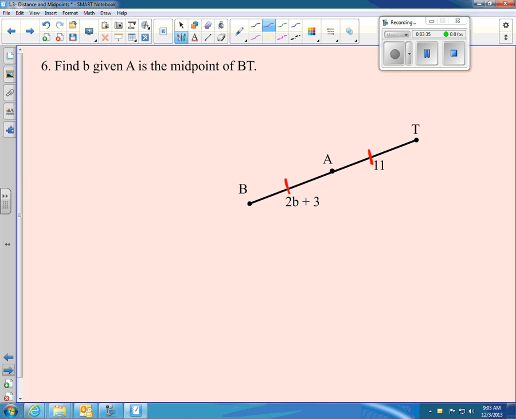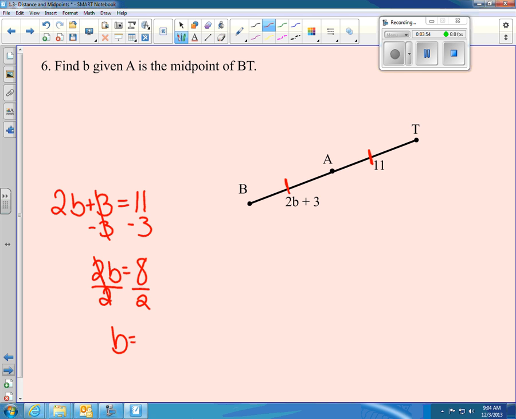So I can set 2B plus 3 equal to 11. Let's solve this very simple equation. We subtract 3 from both sides, so we have 2B equals 8. Divide both sides by 2, and B equals 4. That's all it asks for.